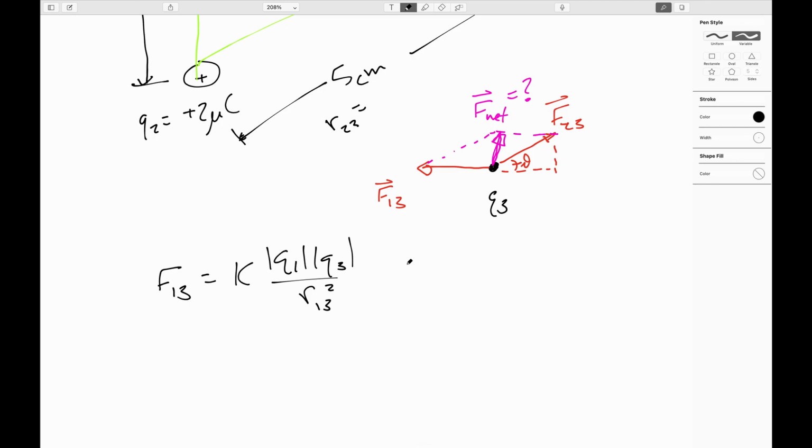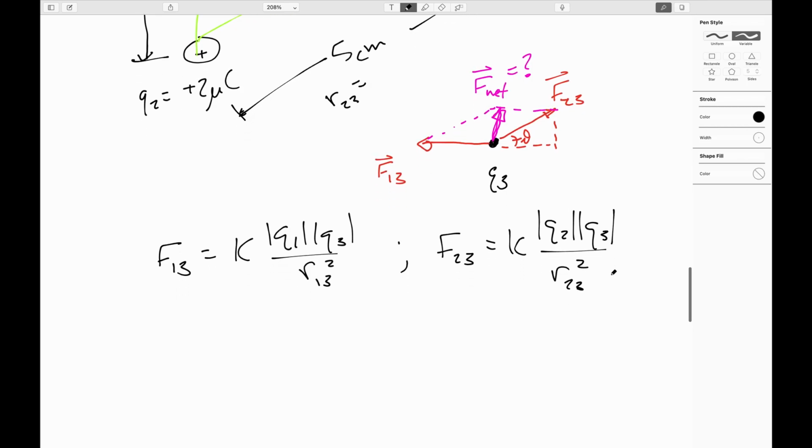And similarly, F23 would be K Q2 Q3 over R23 squared. And again, we're doing absolute value of the charges because we're taking care of the directions by hand.